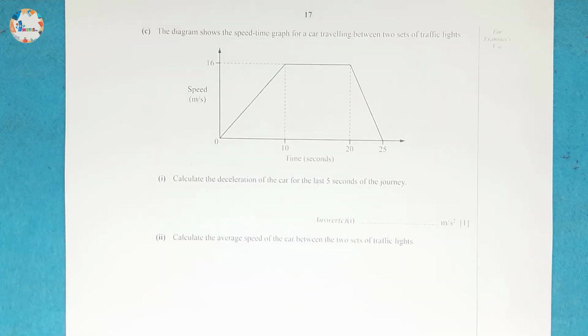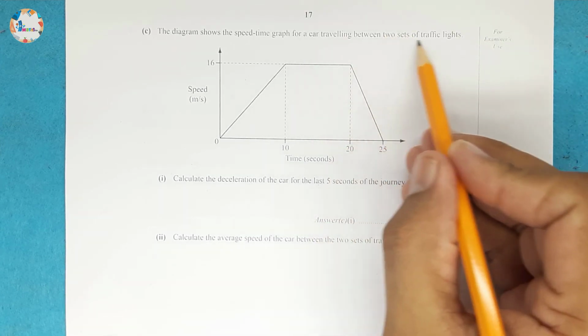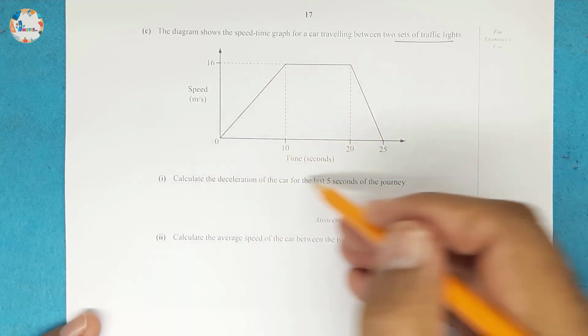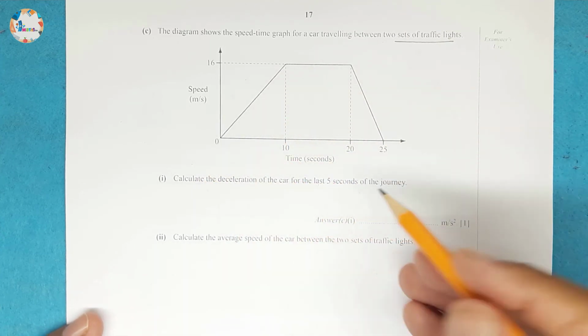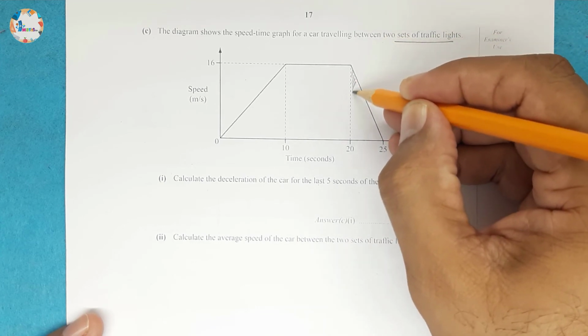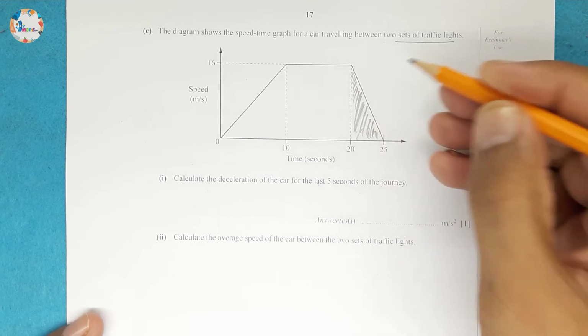This is done. Now part C, a travel graph is provided. The diagram shows the speed-time graph for a car traveling between two sets of traffic lights. Calculate the deceleration of the car for the last 5 seconds. So deceleration for this section is required, and we know deceleration is the gradient.